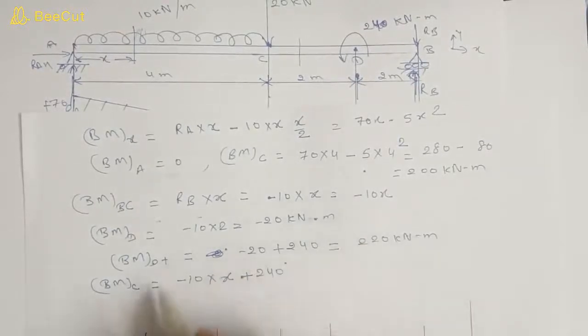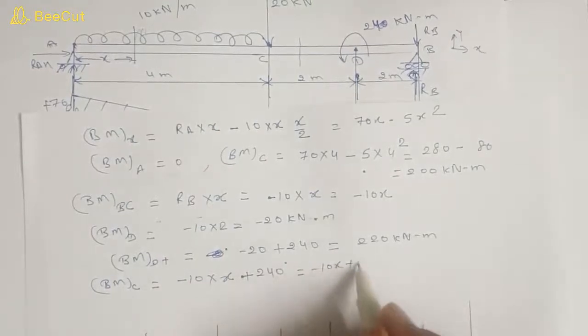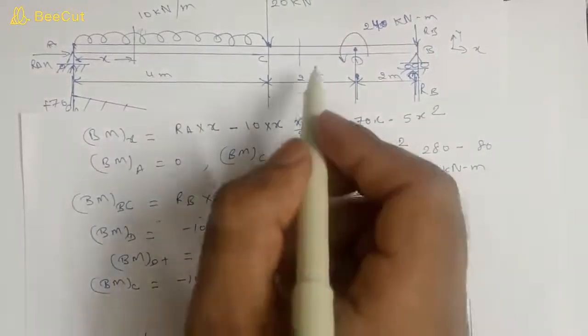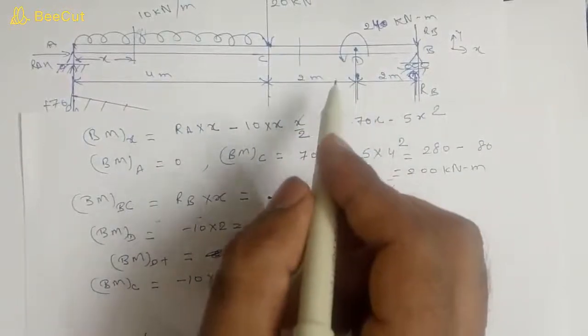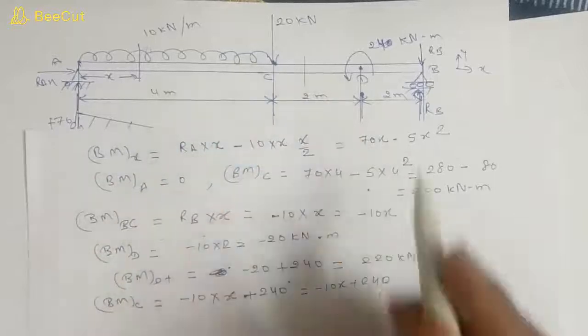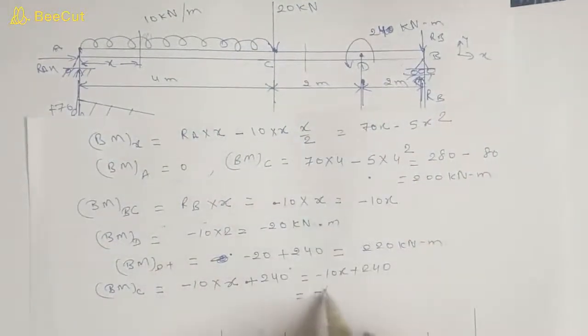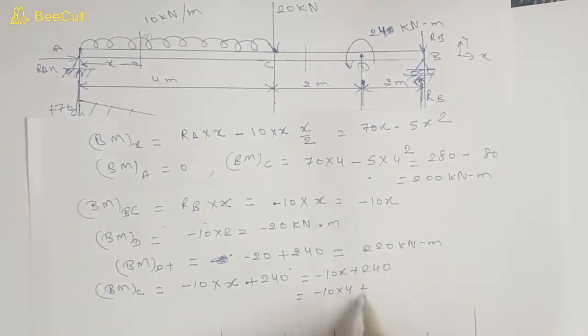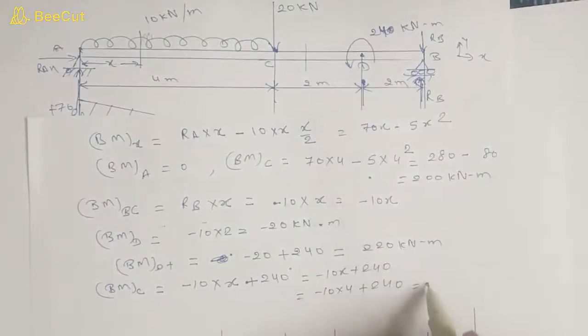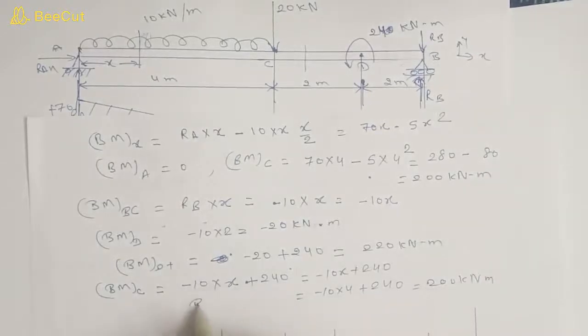There is no other force or moment, so it will be minus 10x plus 240. So it is the equation of an inclined line. So bending moment will be an inclined line from D to C. At C, x is equal to 4 meter, so minus 10 into 4 plus 240 will become 200 kilonewton meter bending moment at C.